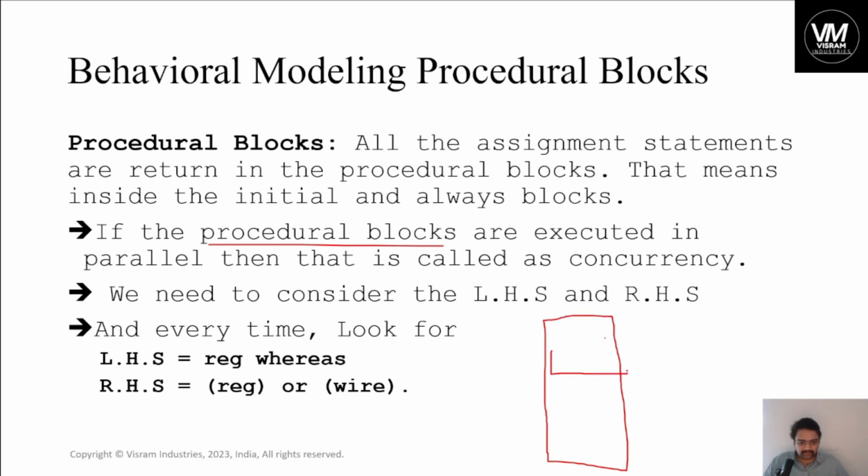In this, the first thing will be an initial block, and the second thing will be another initial, and then it starts with an always block. So this is the main Verilog HDL code.